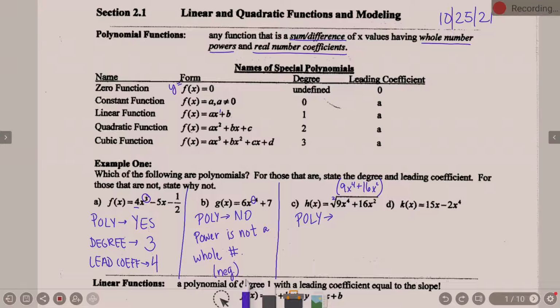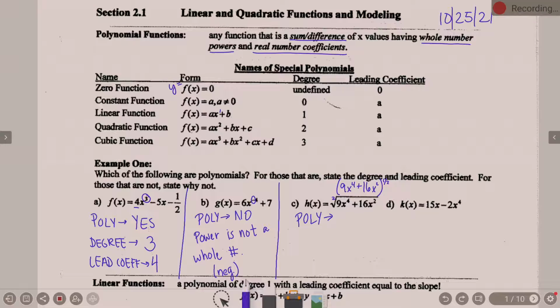Not -2. That makes this a fraction. 1/2. So that has a power of 1/2. And that gives me a fractional power, a rational power. But is it a whole number power? It is not.